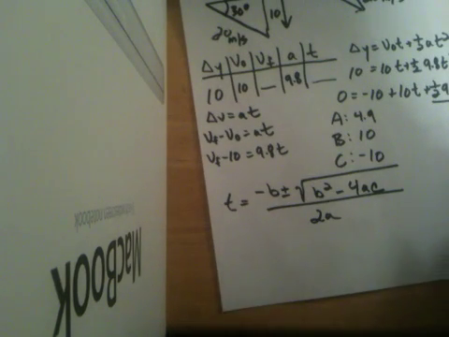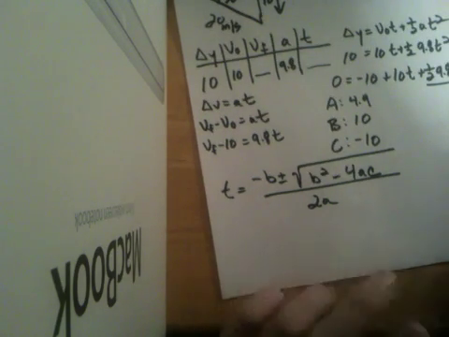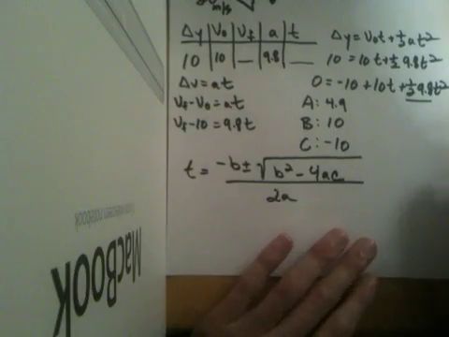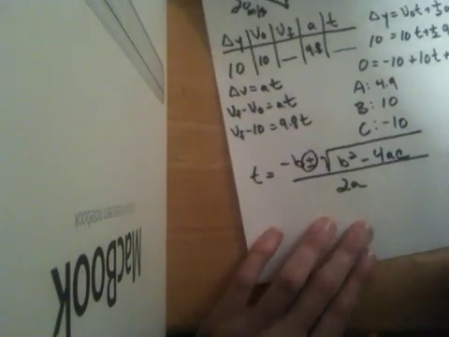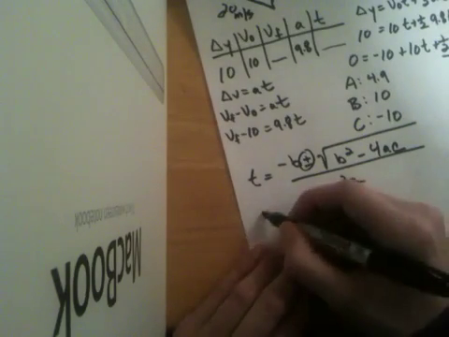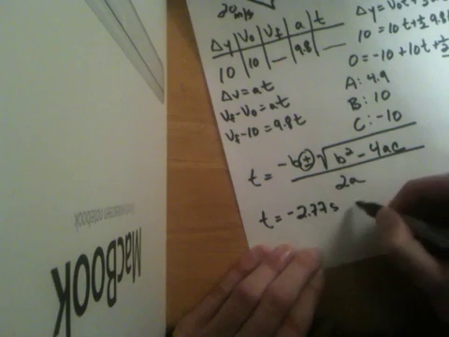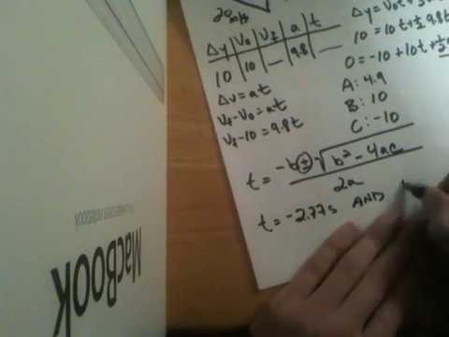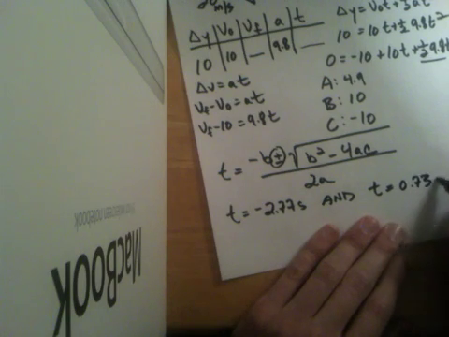But I've solved it on my own, and what you end up with are two t values. That's what you get in a quadratic. You get two values because of this plus or minus. Well, the two values that you get are t equals minus 2.77 seconds and t equals 0.73 seconds.